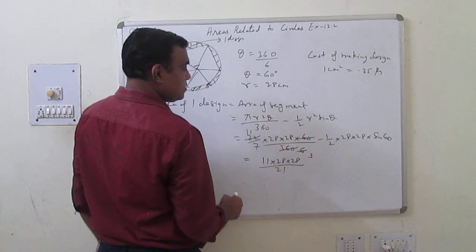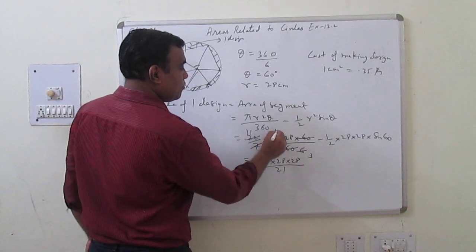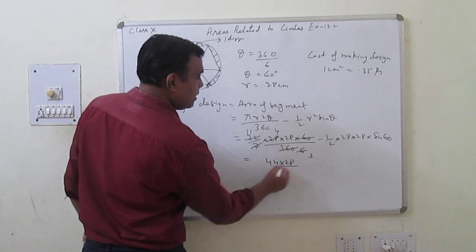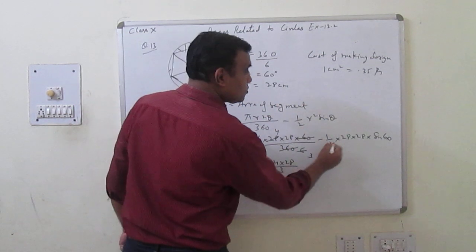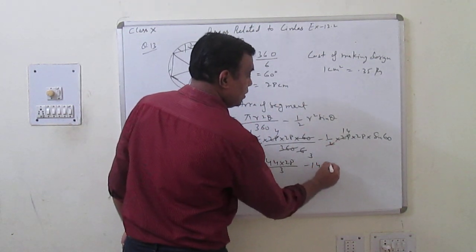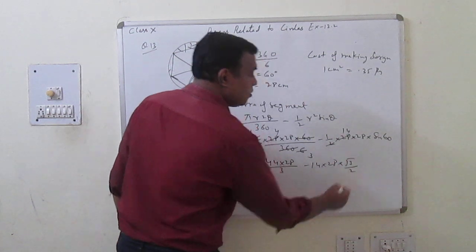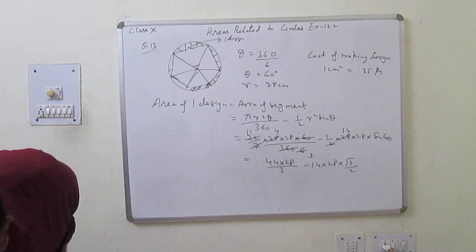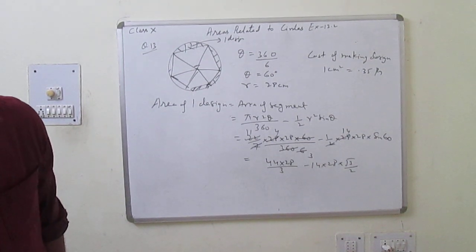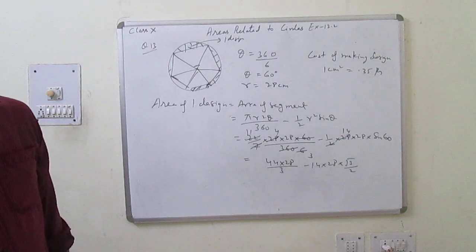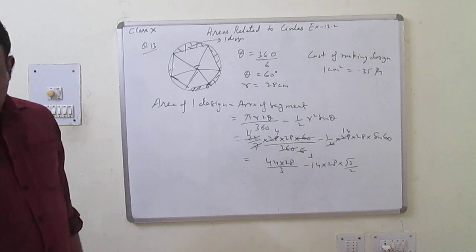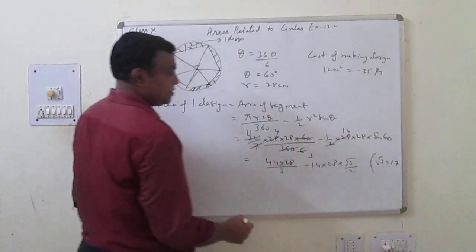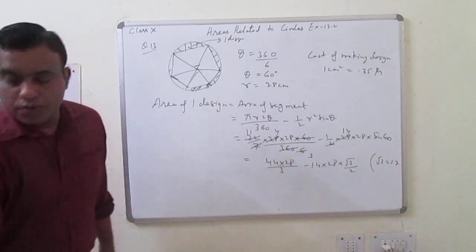This will cut again by 7. So it becomes 44 into 28 upon 3 minus 14 into 28 into √3 upon 2. You will take √3 is equal to 1.7.